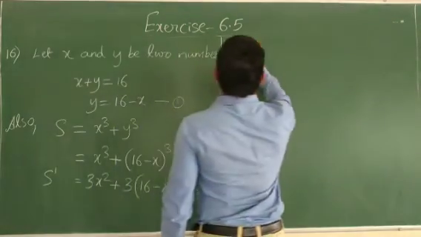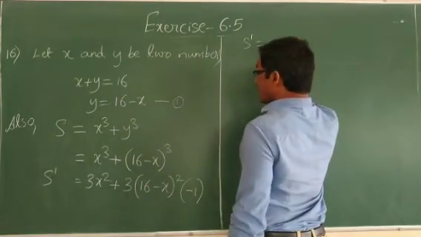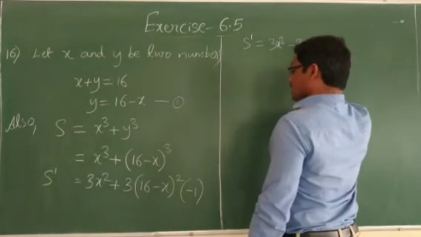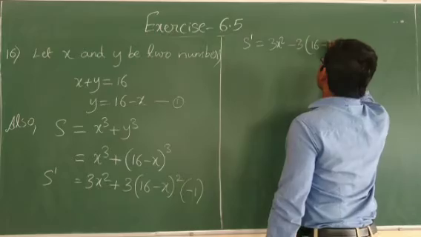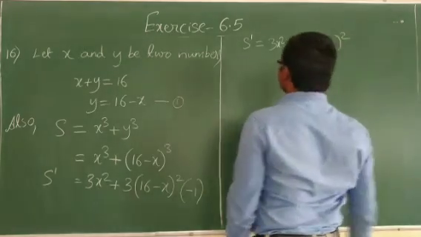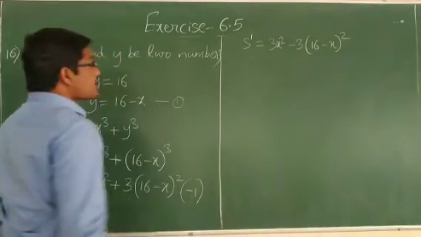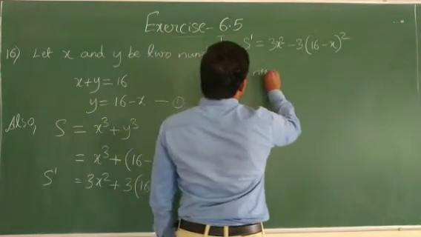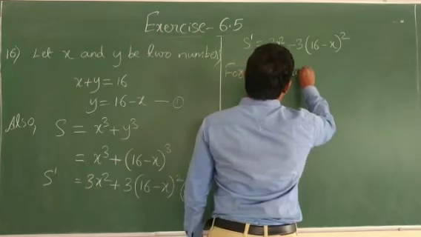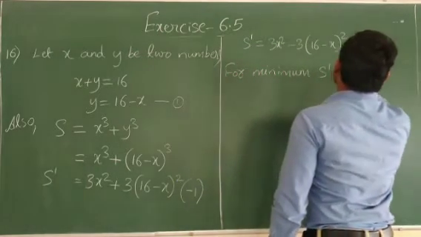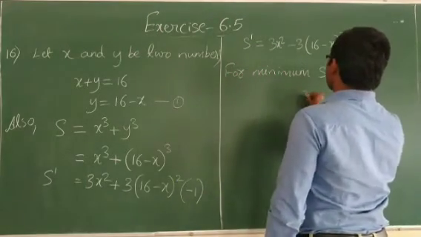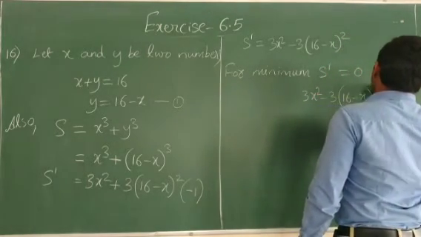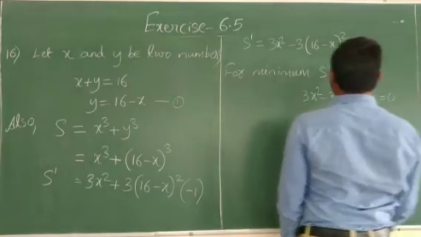So s dash is equal to 3x square minus 3 times 16 minus x whole square. This is the derivative. For minimum, s dash is equal to 0. Therefore 3x square minus 3 times 16 minus x whole square is equal to 0.